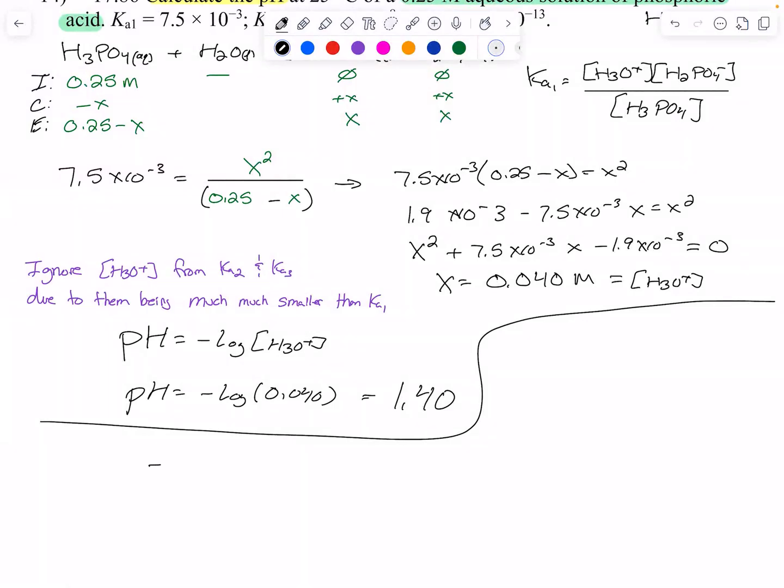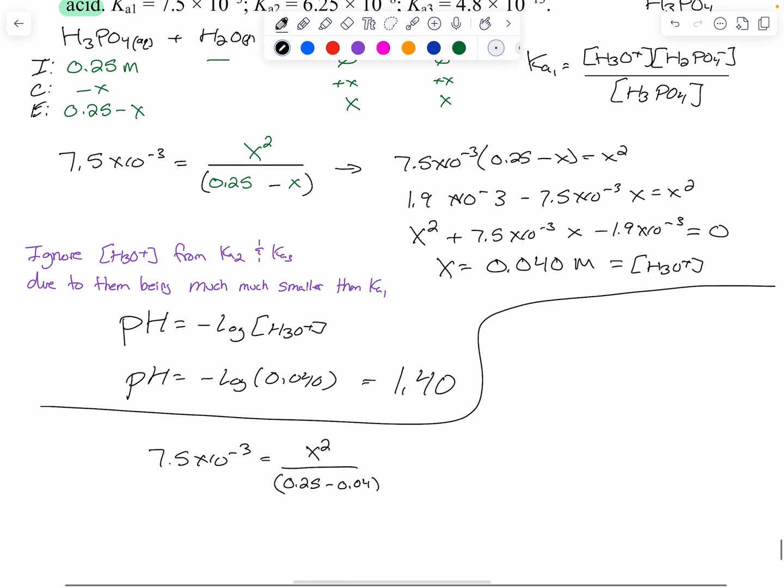So 7.5 times 10 to the minus third equals x squared all over 0.25 minus 0.04. And let's solve for x squared now. So if we do that, 7.5 times 10 to the negative third times the difference between 0.25 minus 0.04, right?